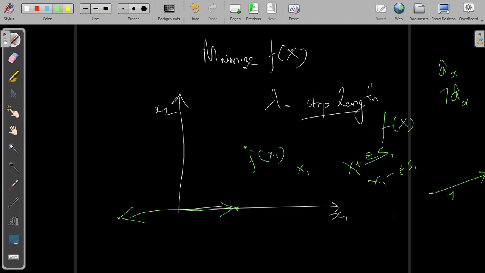That means x1 will be here, and we will move an infinitely small distance in the positive direction, and an infinitely small distance in the negative direction, and find out how the value of this function f of x is changing. The change is represented by f plus and f minus.